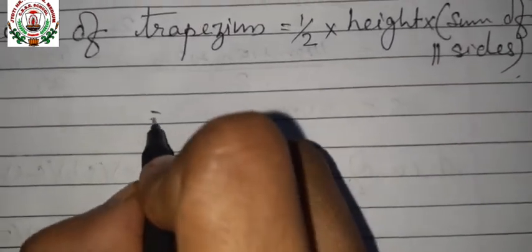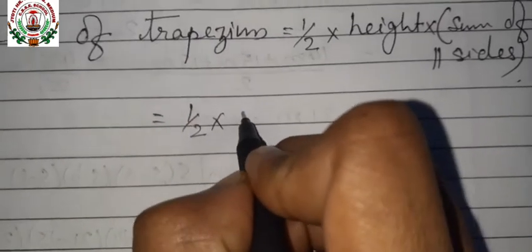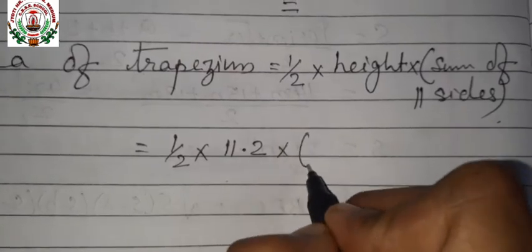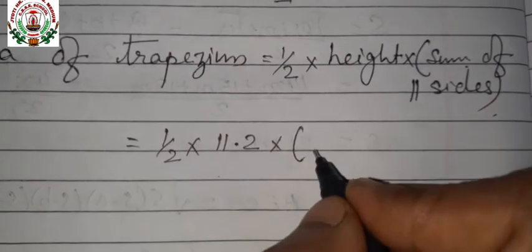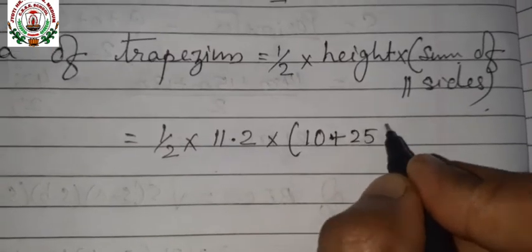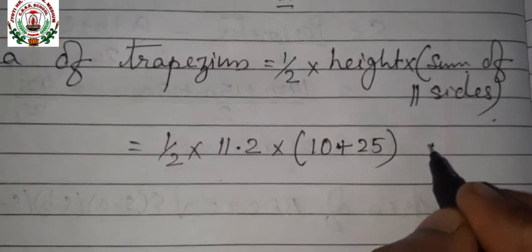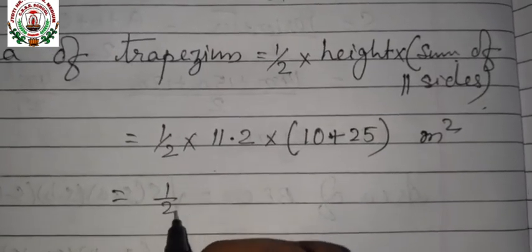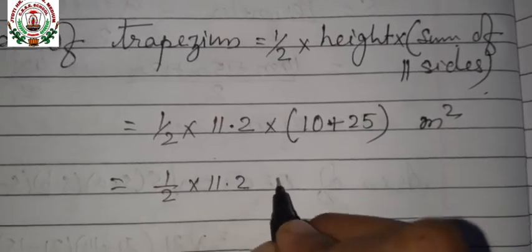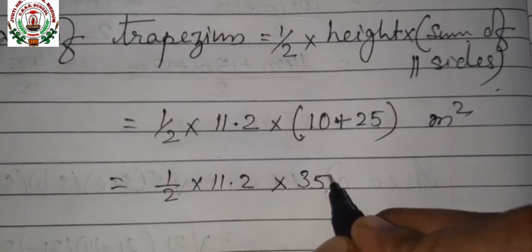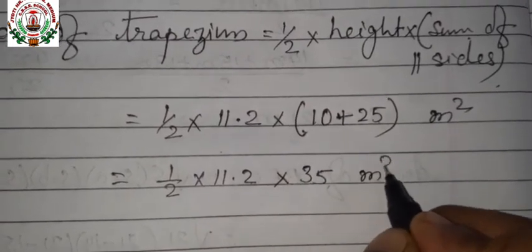Now that is equals to how much? Half, height we got just now, that is 11.2, into sum of parallel sides. What are the parallel sides according to the question? 10 plus 25, and out of this we will write meter square. So now 1 by 2 into 11.2 into, on addition of this we get 35, meter square.